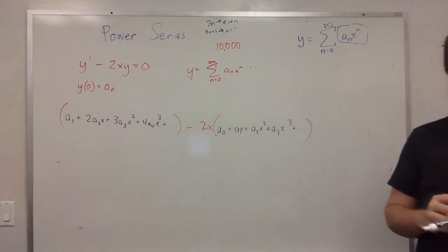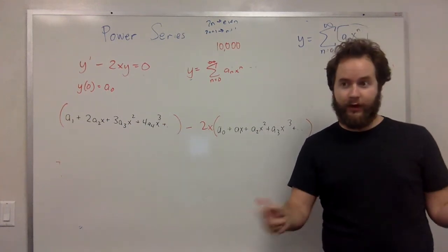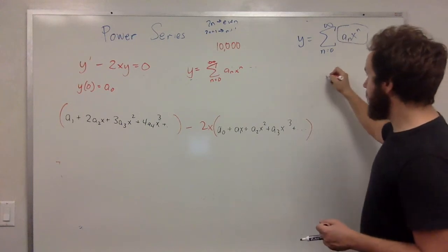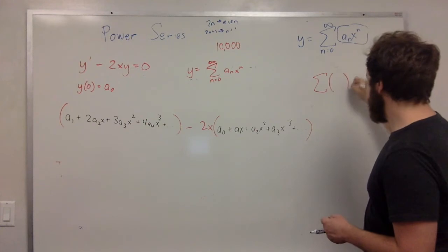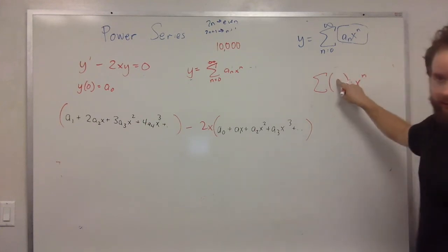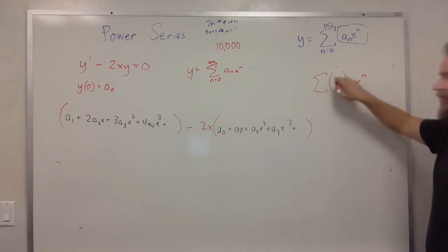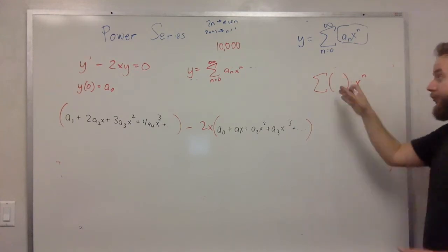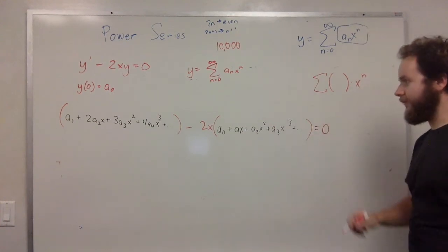We're not asking for the first 4 terms. If I say find a power series solution, I want the whole thing. Your answer should be a summation of a formula times x to the n. This might be n factorial over 2, or it could be 3 to the n over n factorial. It could be lots of different things. We're going to figure out the pattern based on what we see from these coefficients.